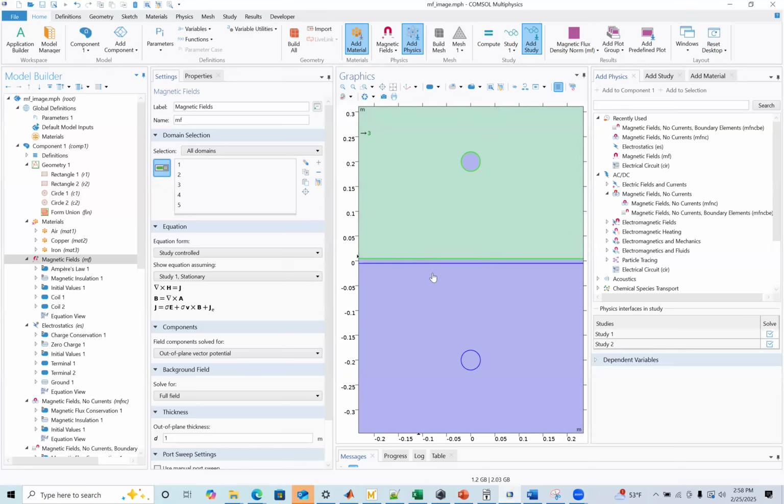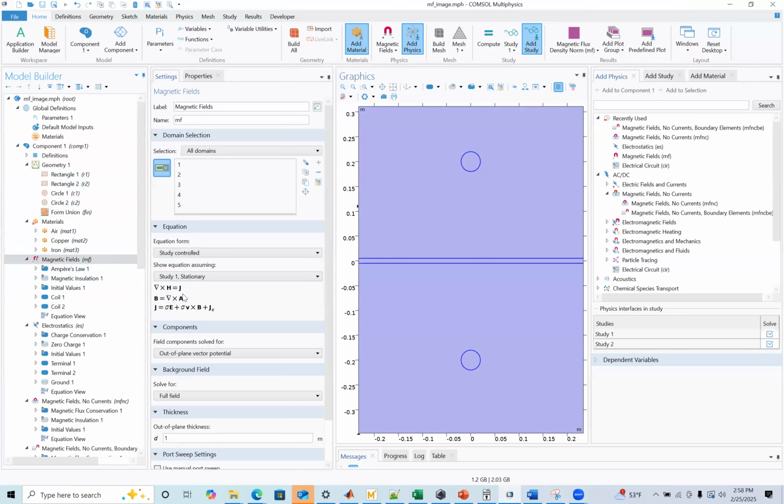Professor Chatir, can you see the screen? I can see your screen. Oh yes, that's what I wanted to show. So for the magnetic field, the stationary study, the curl of H is equal to J, right?